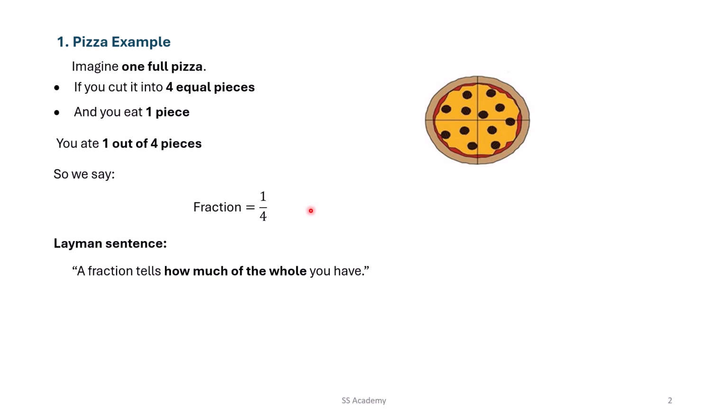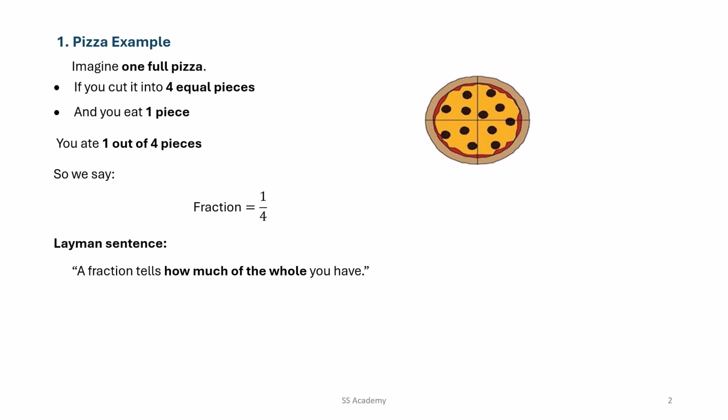If you want to calculate the percentage of pizza you have eaten, you have to multiply this by 100. So 0.25 into 100 gives you 25 percent. One thing you need to understand here: the maximum number you get for a fraction is 1.